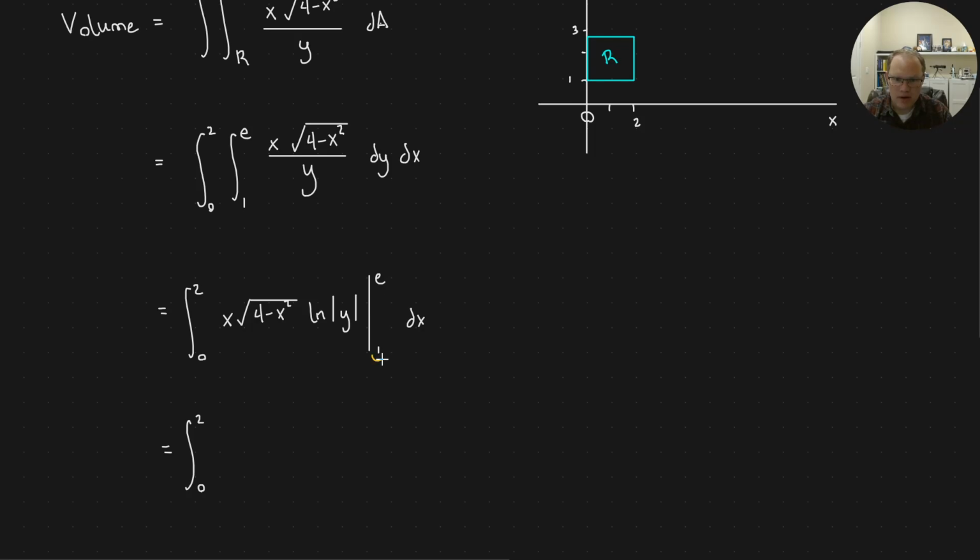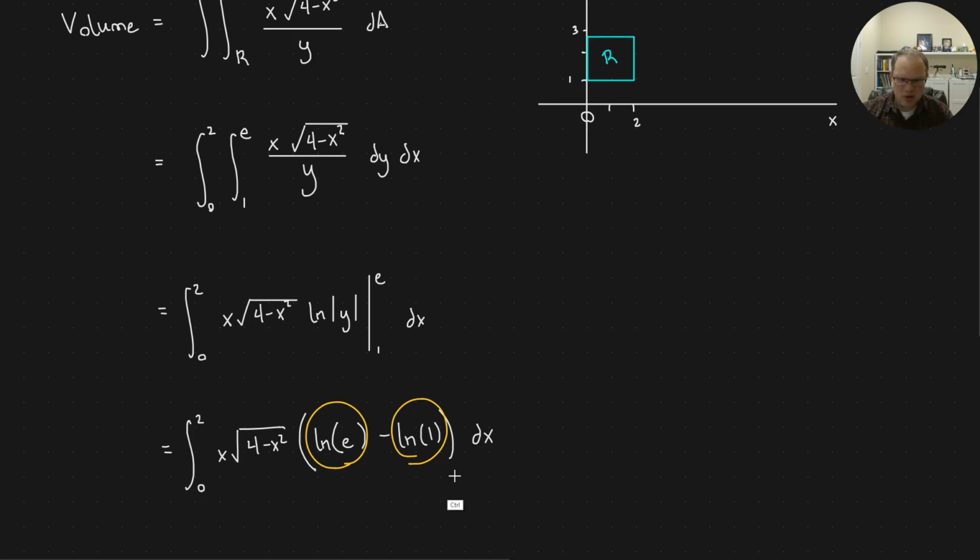So I want to evaluate this from y equals 1 to y equals e. I've got this constant in front, and let's plug in my limits of integration. Both 1 and e are positive, so I could drop the absolute value. So I get natural log of e minus natural log of 1. Let's simplify. Both of these are ones that we should know, and if we don't know them, now is a great time to learn.